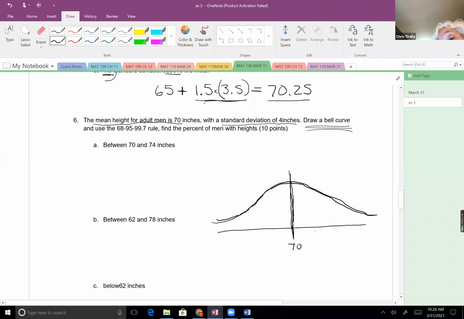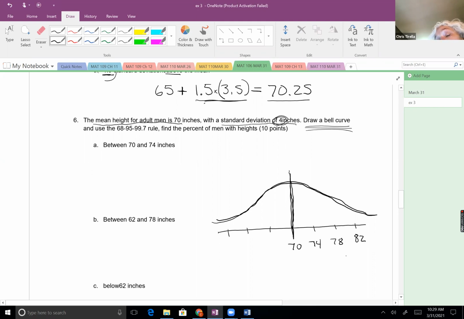And then I'm going to count 3 away on each side. But when I count, what number should I count by? What number should I add on? That 4, that standard deviation. So 70 plus 4 is 74, plus 4 is 78, plus 4 is 82.